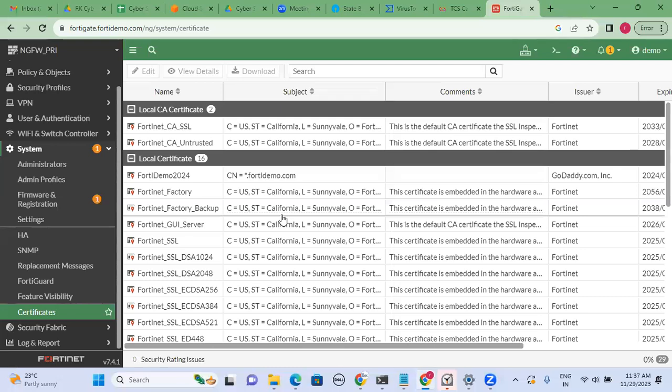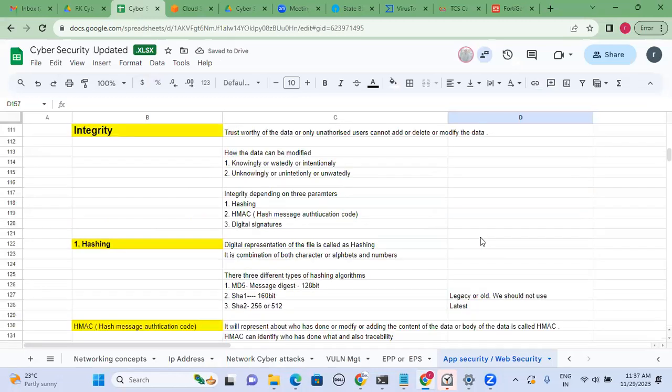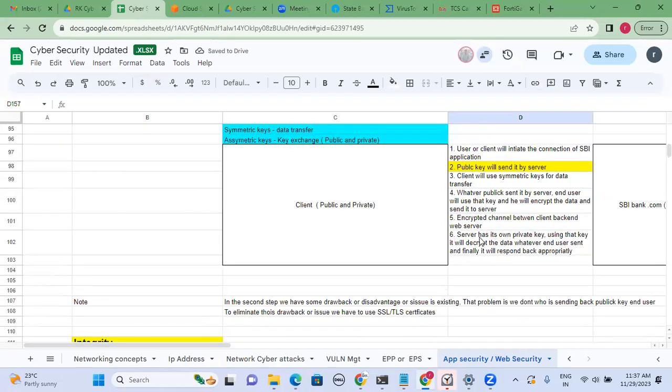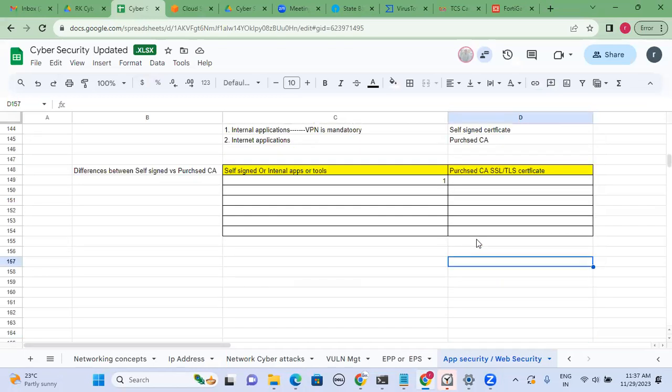Are you getting what I'm saying? So a self-signed certificate, either we can generate from the tool, whatever tool we are using, or else on the server. For example, maybe my HR portal or payslip portal is on top of a server, so I have to generate the certificate on the server and deploy it for the server.